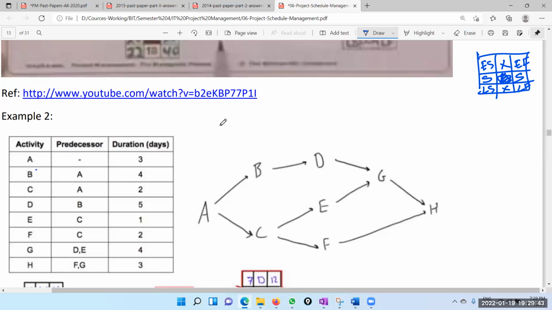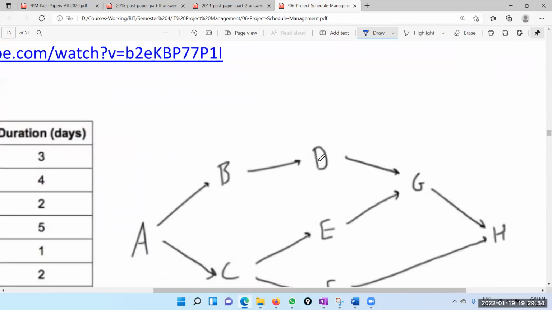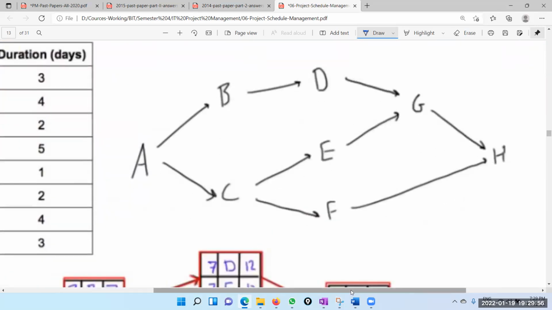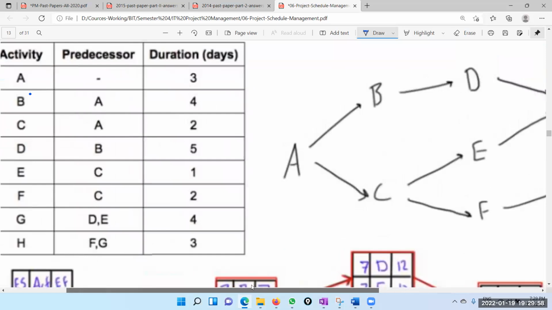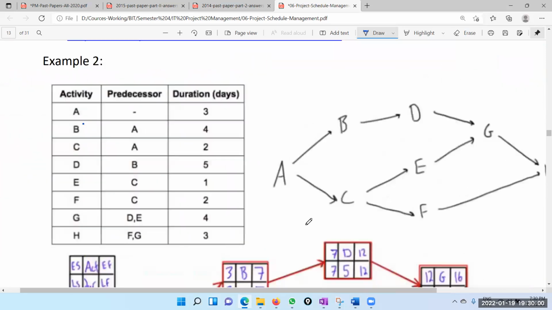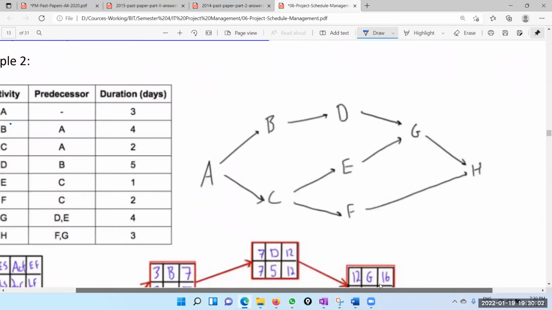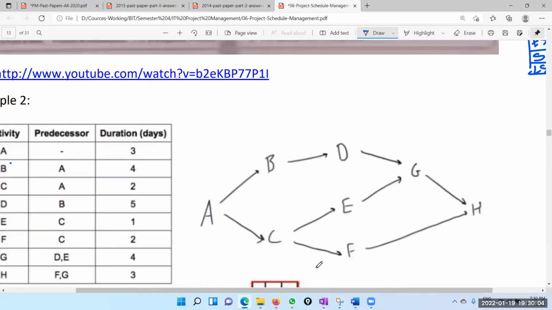Okay, so let's do it. I hope you got the answer. I'm going to use this one itself. Is it small? No, right? It will be enough. I'm going to zoom in a little bit. Right.